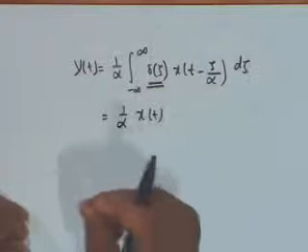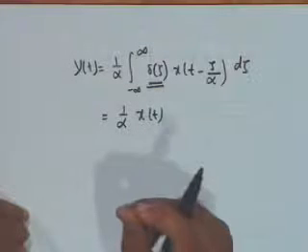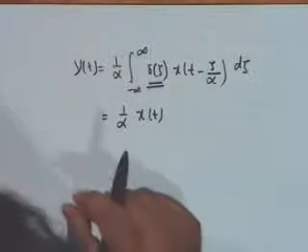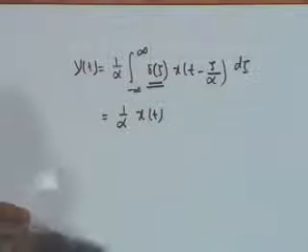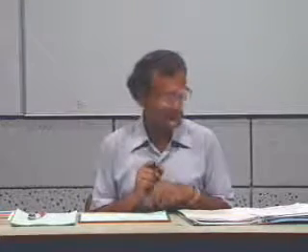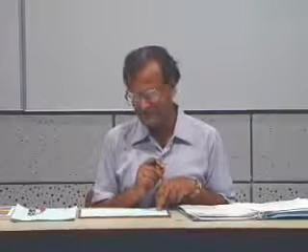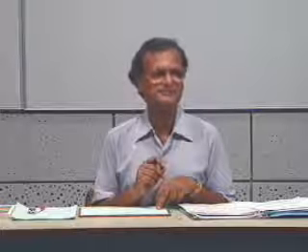Sir, but we have used the condition that the system is LTI, but it's not given in the question paper that the system is LTI. Where have you used the condition that it is LTI? So when we convolved and we shifted the x. That is correct. So you have to assume that the system is LTI. If it was not LTI, then it is not possible to solve for the system.